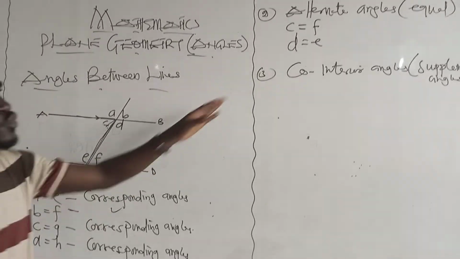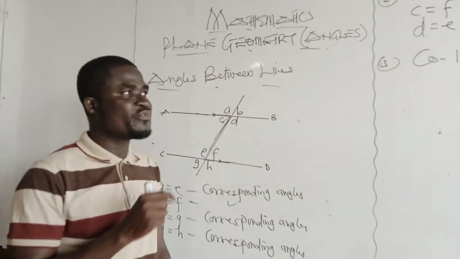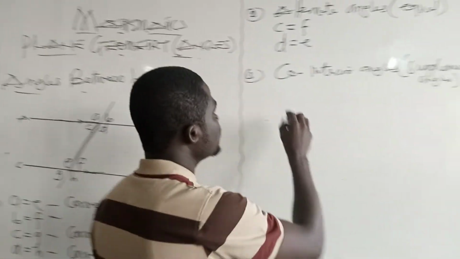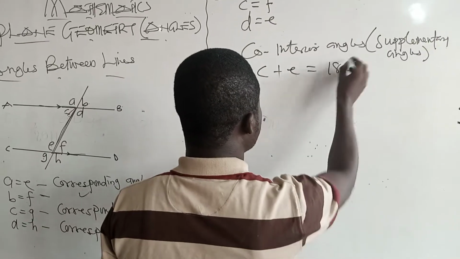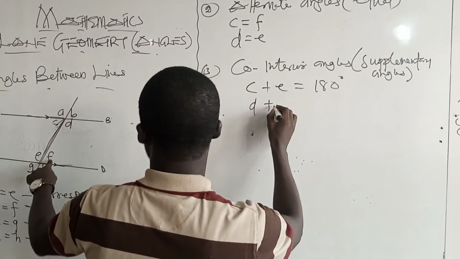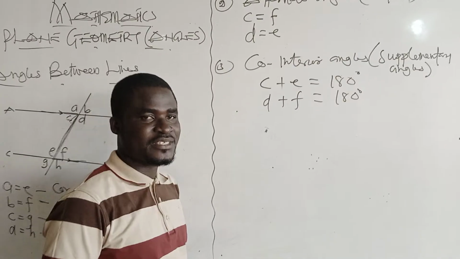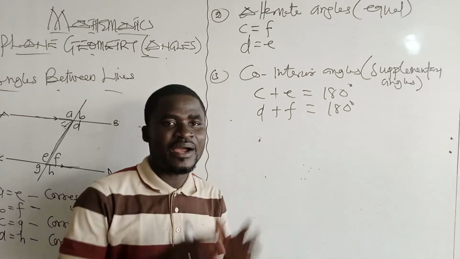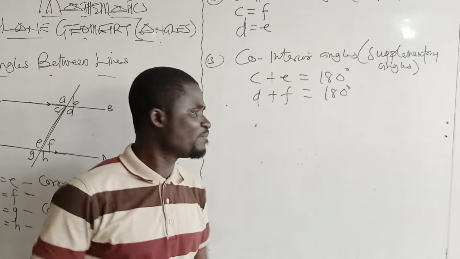So C plus E should give us 180 degrees. And then D plus F should also give us 180 degrees. So these are the co-interior angles. So take note. Are you getting me? Good.